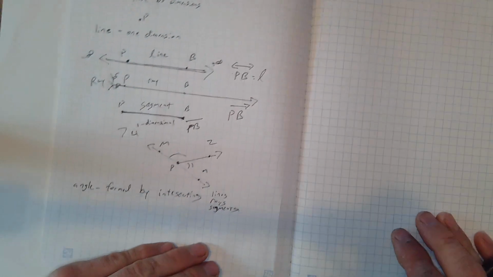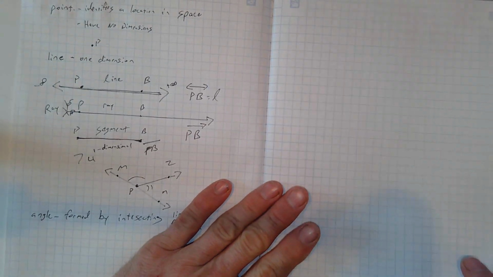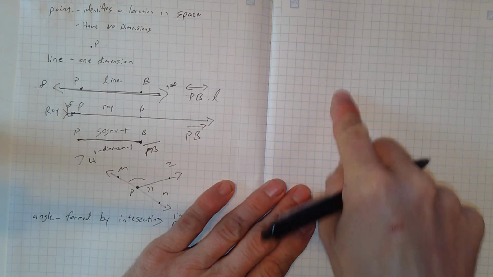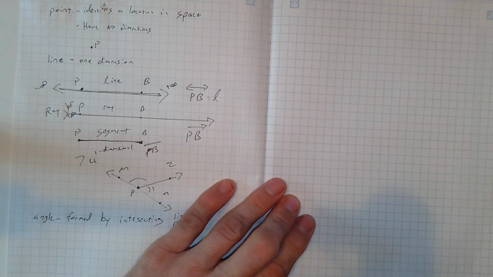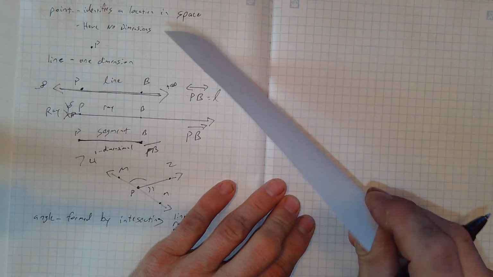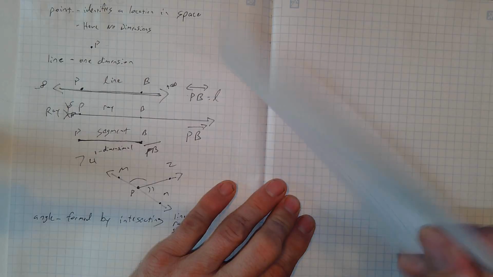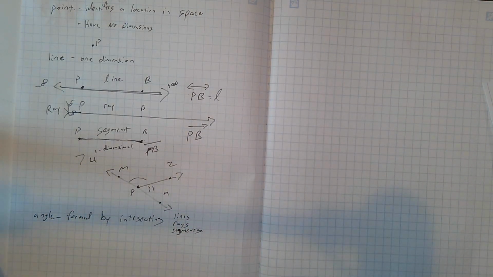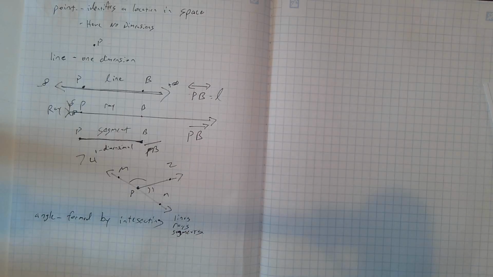2 dimensions, which is like this piece of paper. It exists in 2 dimensions. It has an up and down and a left and a right. Or this card, it's a plane segment, because a plane is made up of an infinite amount of lines.